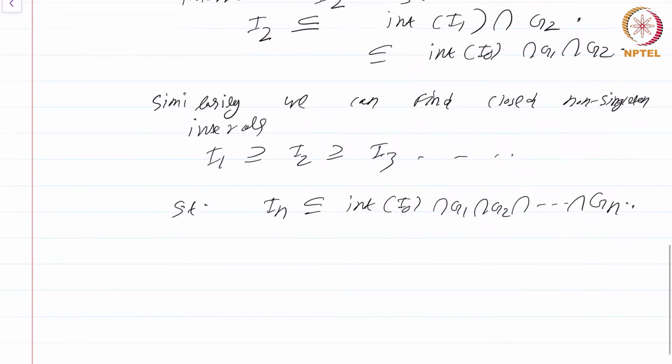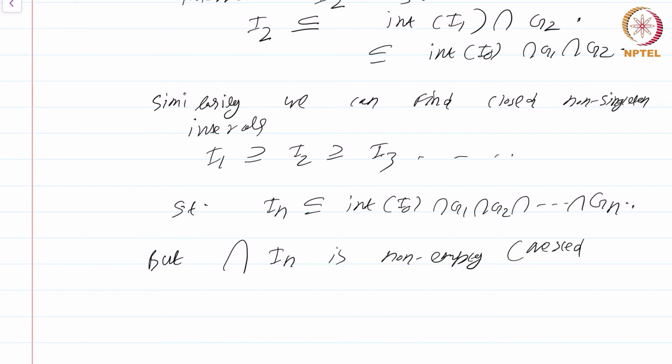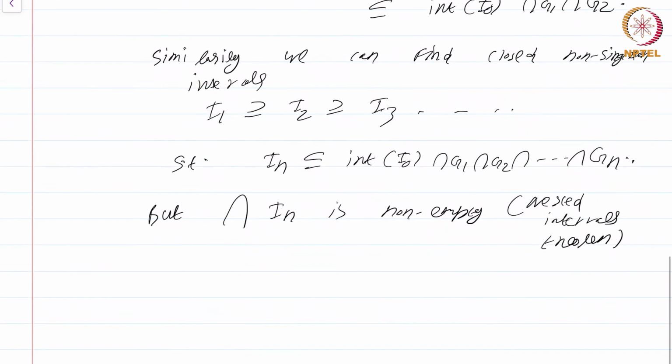Excellent. But the intersection of In is non-empty by the nested intervals theorem. This just means that the intersection of Gn is also non-empty.